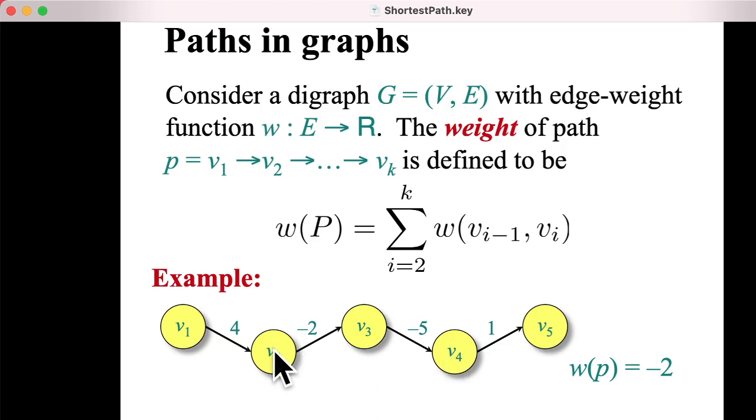Somebody really wants to increase the traffic in this area, so to drive from V2 to V3, actually I'll be paid $2. I'll earn $2. That is, I have to pay minus $2 and so on. What is the weight of the path? The weight of the path is just the sum of the individual weights. How much does it cost me to drive all the way from V1 to V5?